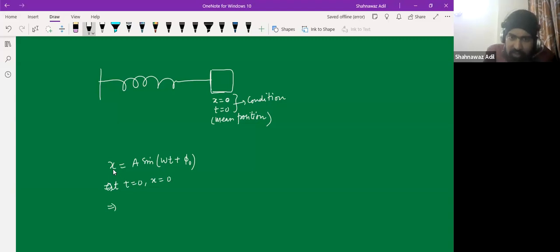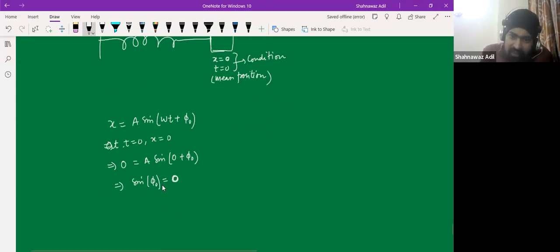So at t equals 0, this is 0, and a sine of 0 plus phi naught. So a we can take to the other side. So sine of phi naught is coming to be 0. So at what angle is sine phi 0?